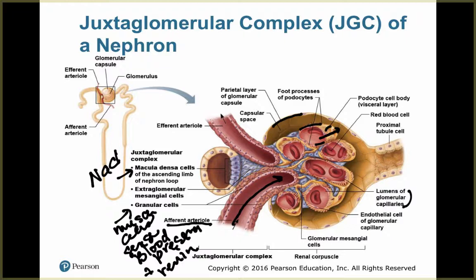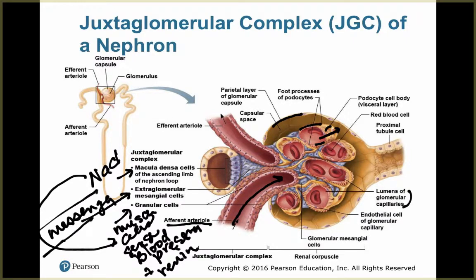And then you have the last one that I'm going to talk about, the extraglomerular mesangial cells, and they serve as a messenger between the macula densa cells and the granular cells, right?